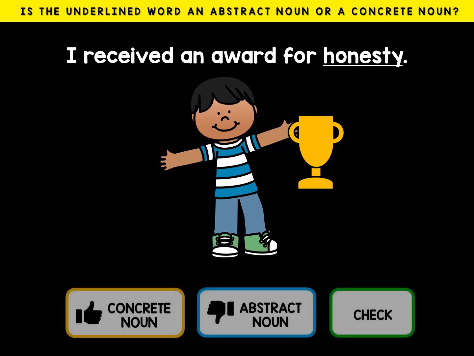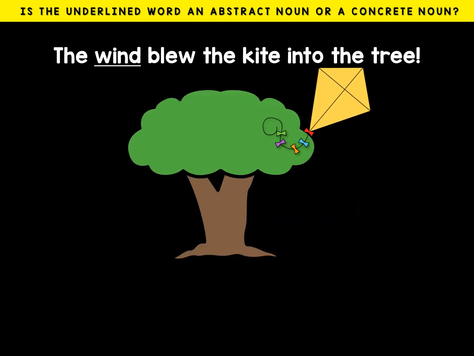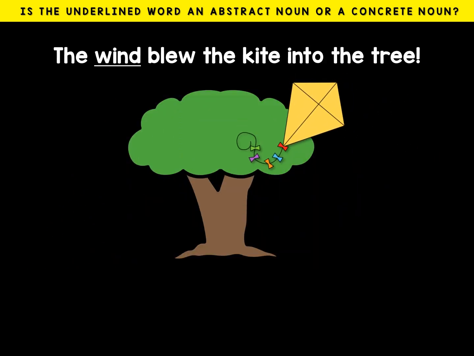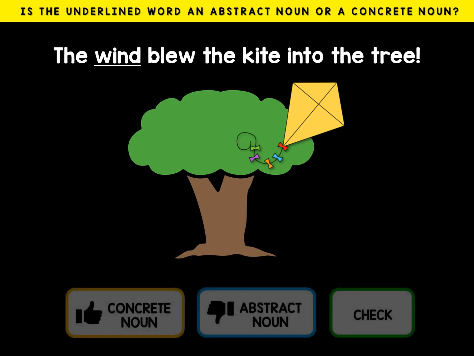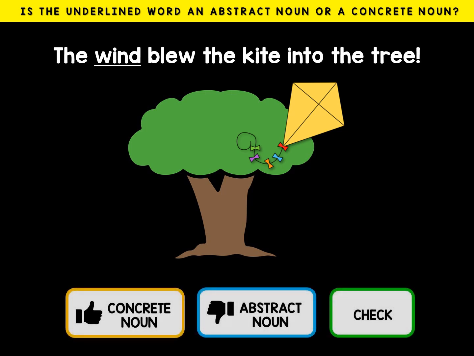Concrete or abstract noun? Abstract. The wind blew the kite into the tree. The word wind, is it concrete or abstract? It was concrete. You can't see the wind, but you can feel the wind.